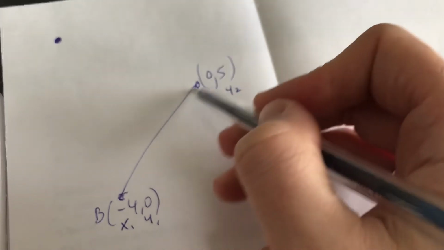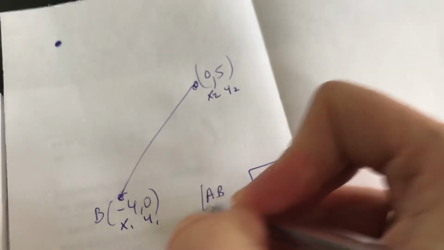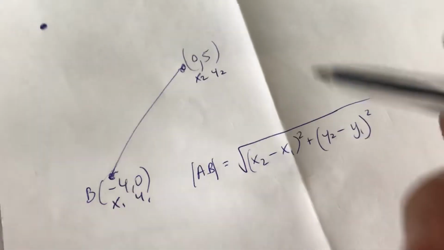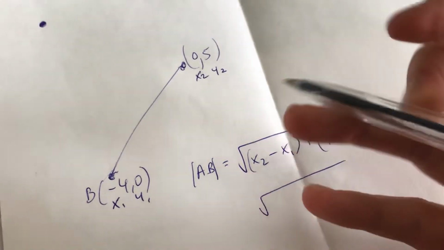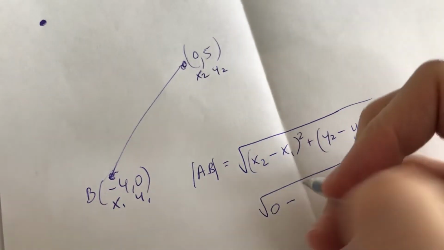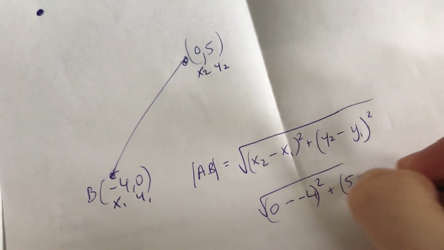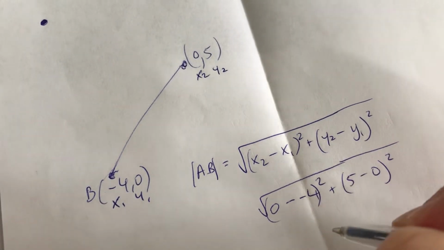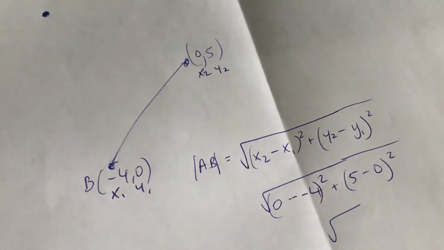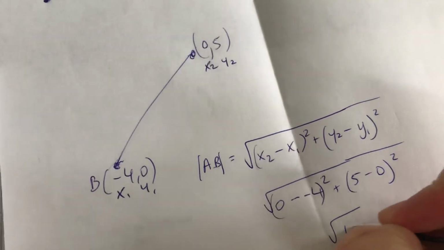And that gives me the length of this line here between this point and this point. Carefully fill it in. Square root of x2 minus x1 squared plus y2 minus y1 squared. Throw that into the calculator and you end up with the square root of 41.